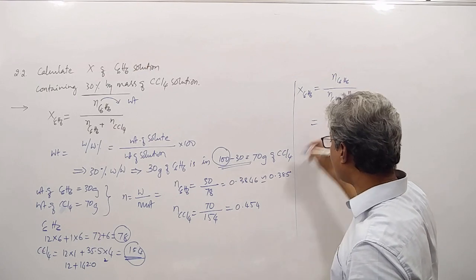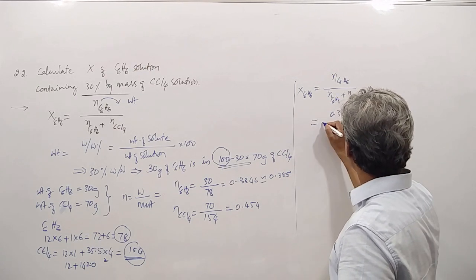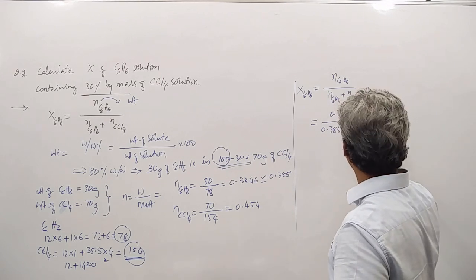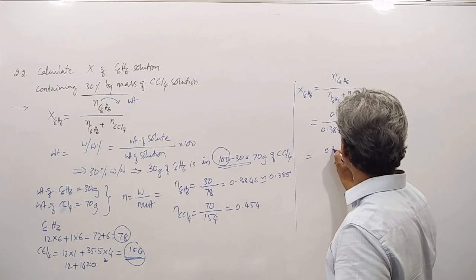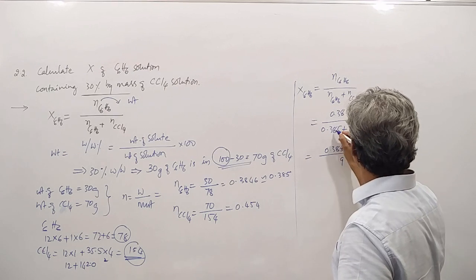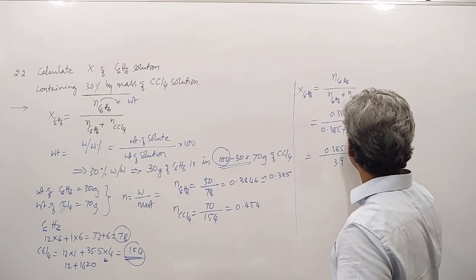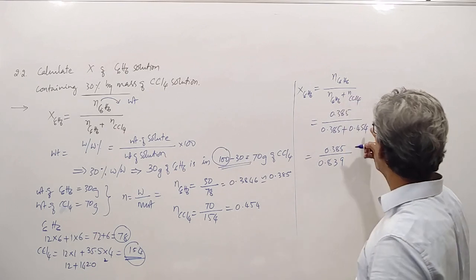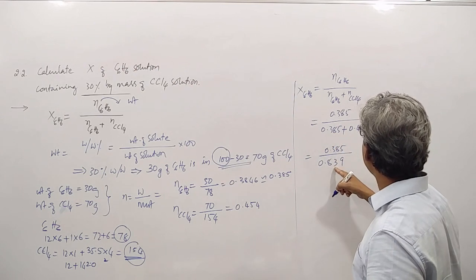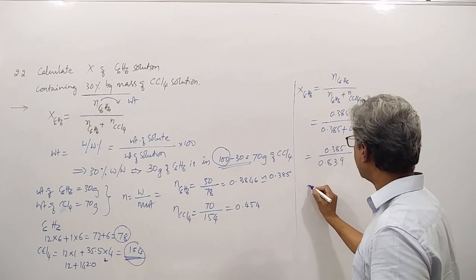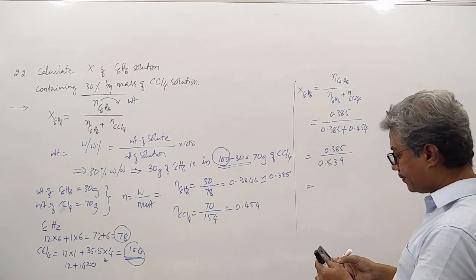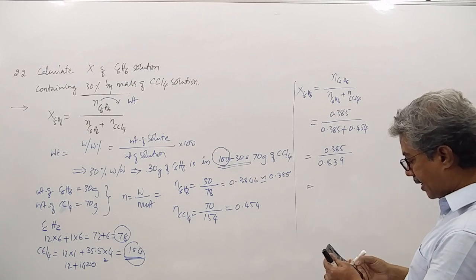This is 0.385 divided by 0.385 plus 0.454, which is 0.385 divided by 0.839.